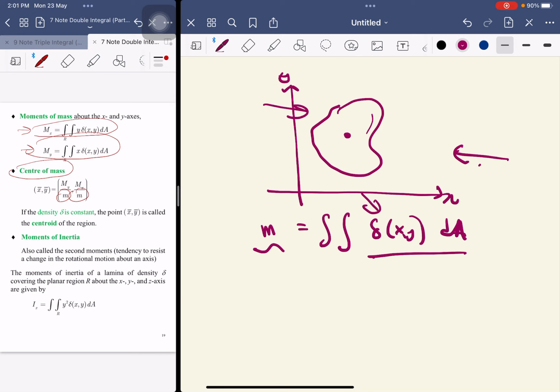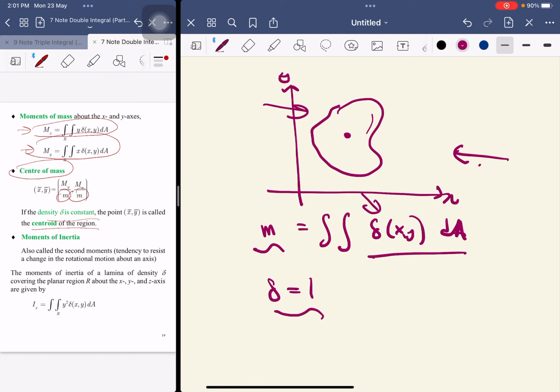However, our focus is just to figure out the center of the mass. Whenever the density is a constant, or we can simply say that the density is equal to 1, to make it easy for us to calculate, the center of the mass that you figure out is called the centroid of the region.